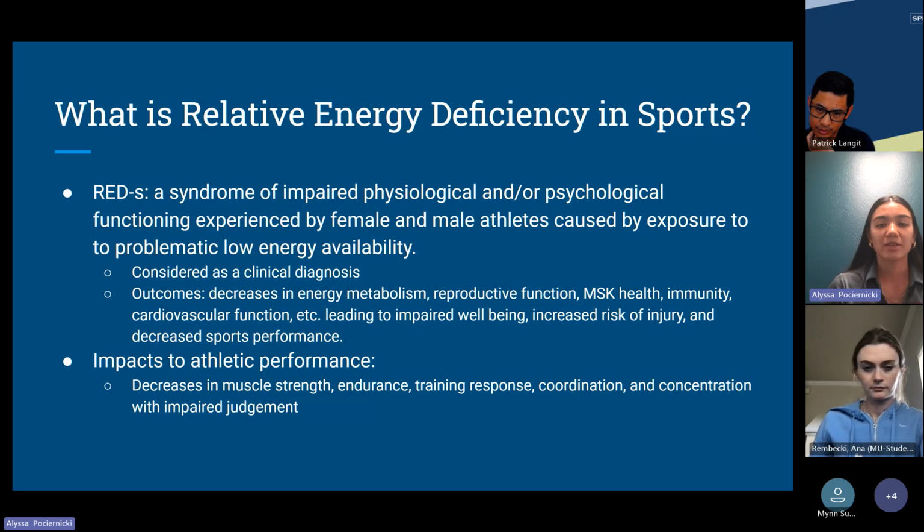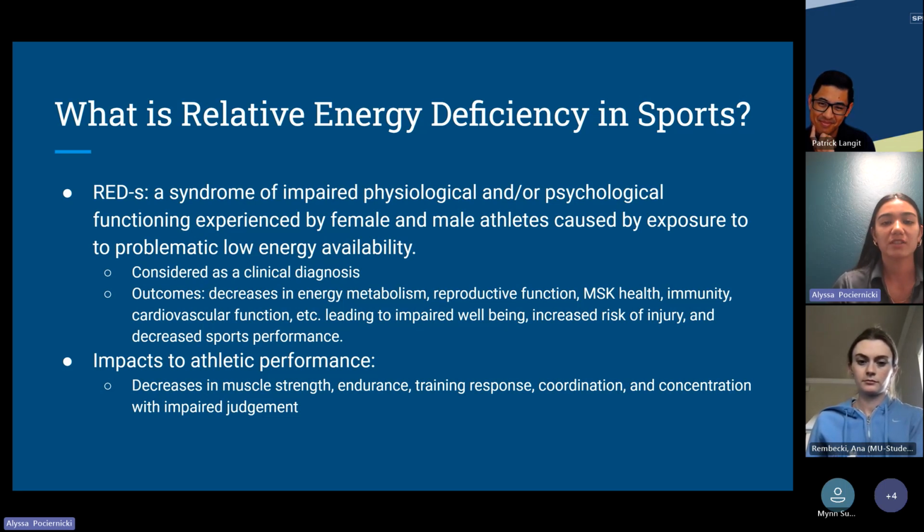It is considered to be a clinical diagnosis, so it has to go through their primary care provider and be screened. Some outcomes of relative energy deficiency are decreases in energy metabolism, reproductive function, musculoskeletal health, immunity, cardiovascular function, and a bunch of other things that were too much to list.